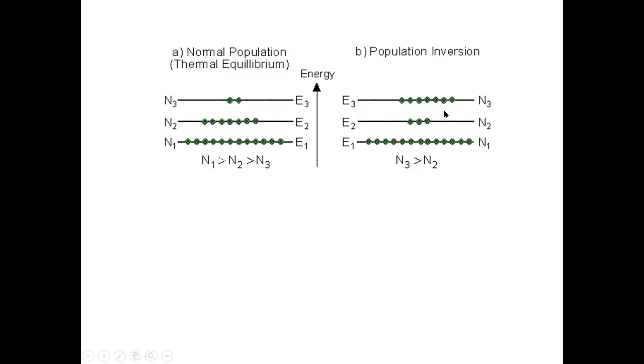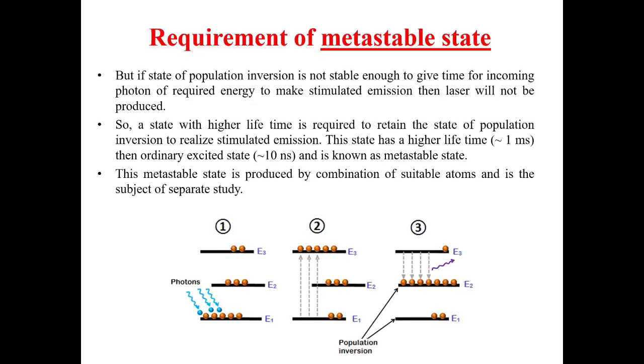As we know, electrons in a higher energy state can stay there for only about 10 nanoseconds. So if the state of population inversion is not stable enough to give time for an incoming photon of the required energy to cause stimulated emission, then laser will not be produced.